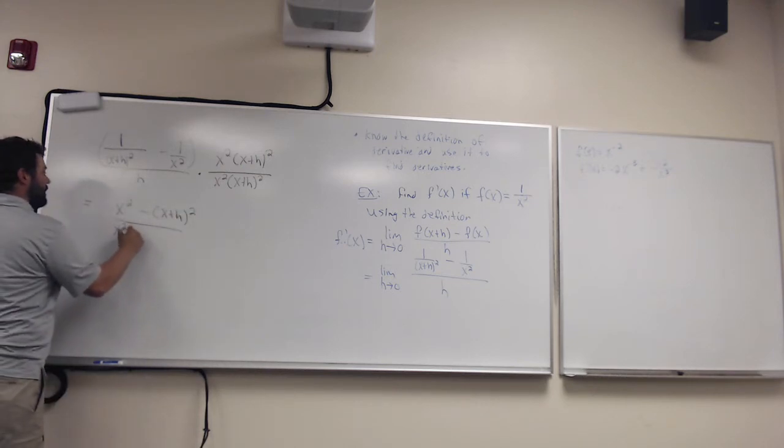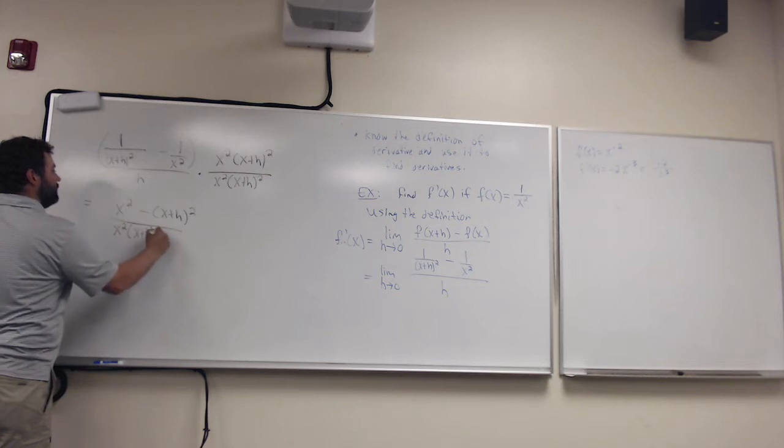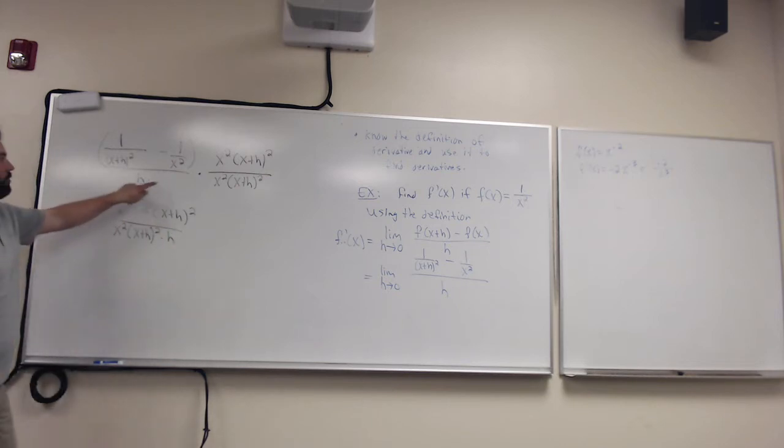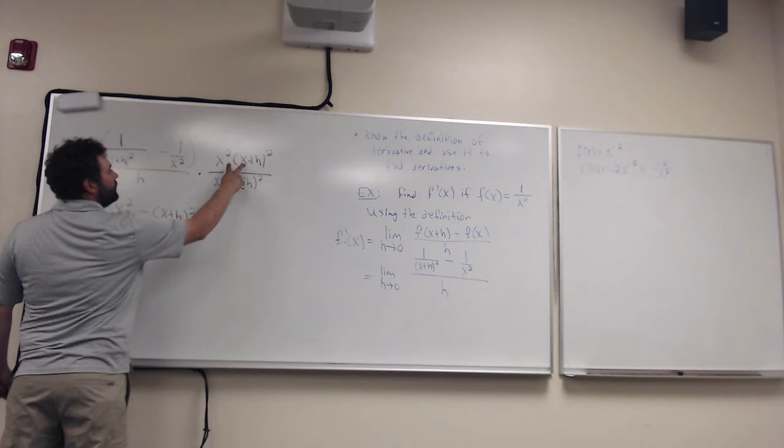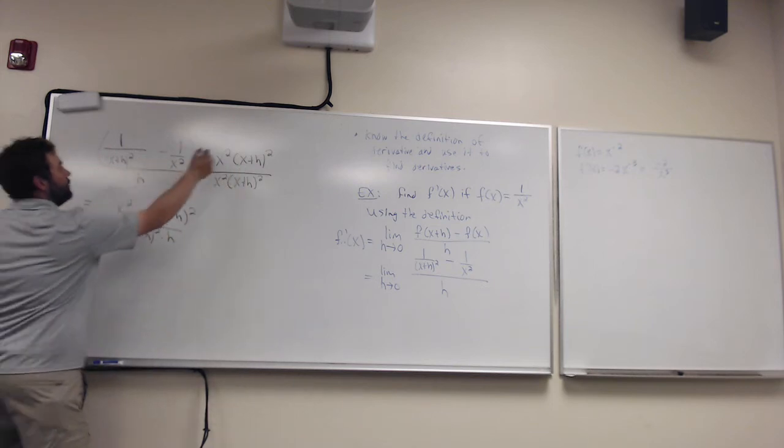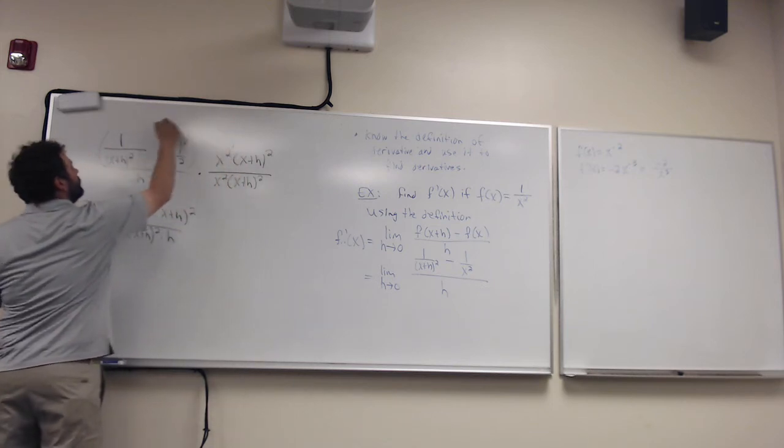And in the bottom, you'll have x squared, x plus h squared times h, because I'm just multiplying all three of these. Now, if you do the common denominator route, you'll have to do 2 or 3 extra steps. So all I did right here is I multiplied by something that clears both denominators, and then it got distributed through.